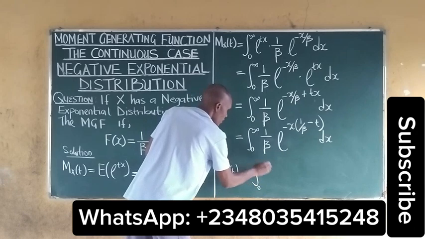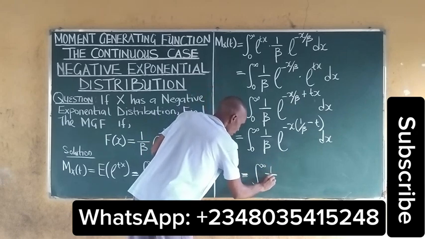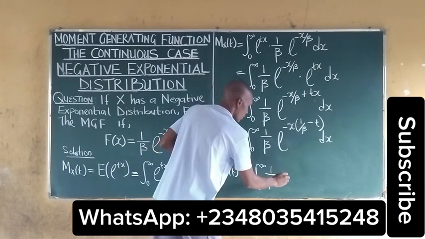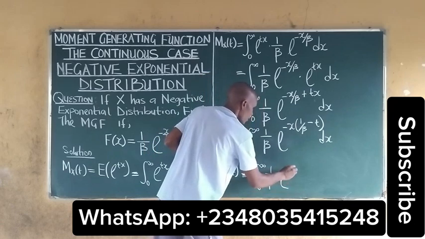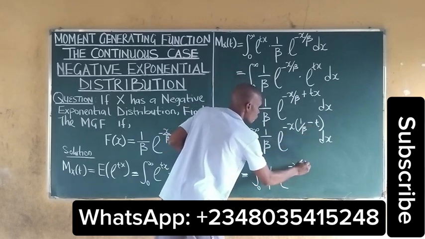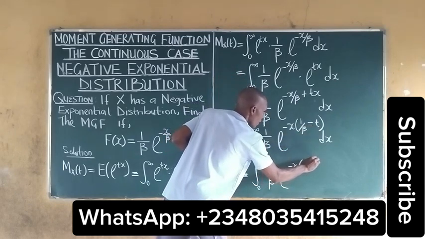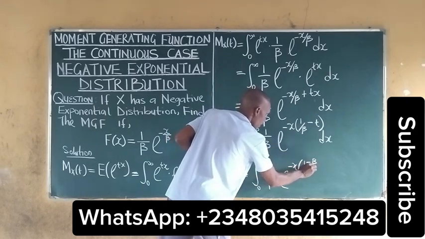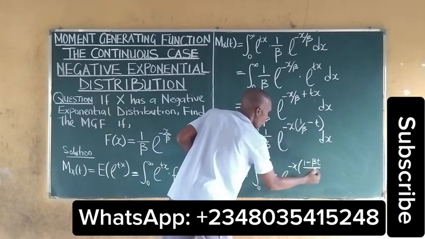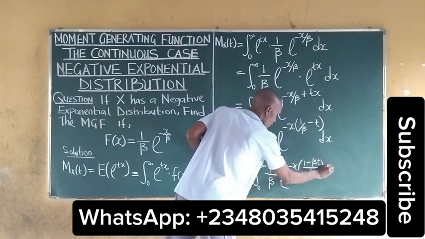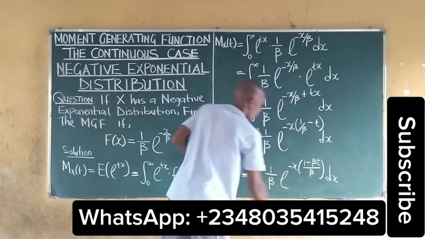from 0 to infinity 1 all over beta exponential negative x. This will multiply this to give us 1 minus beta t all over beta dx.